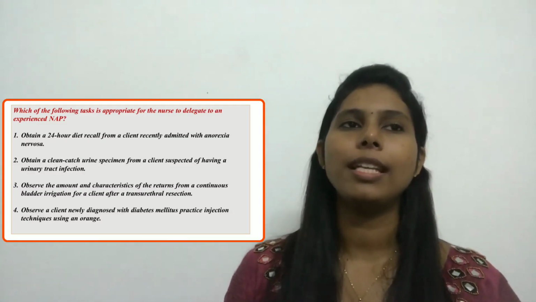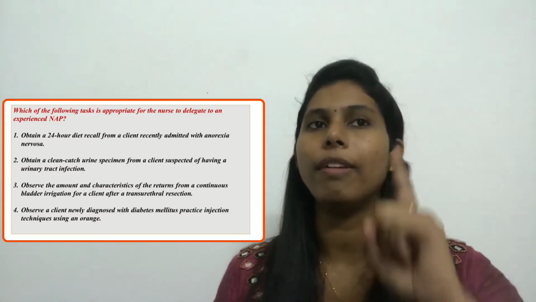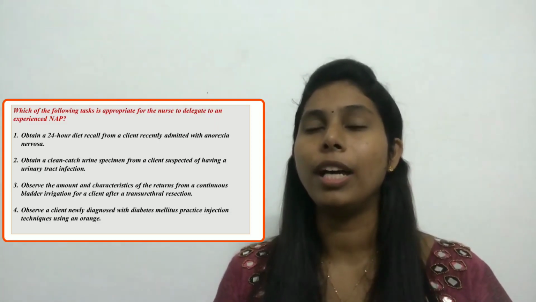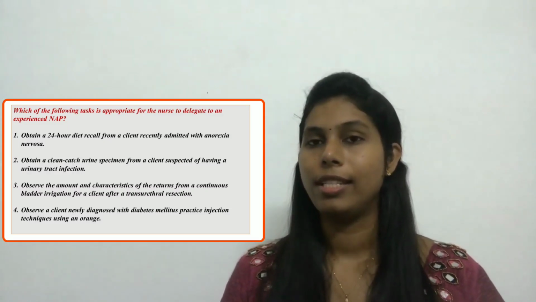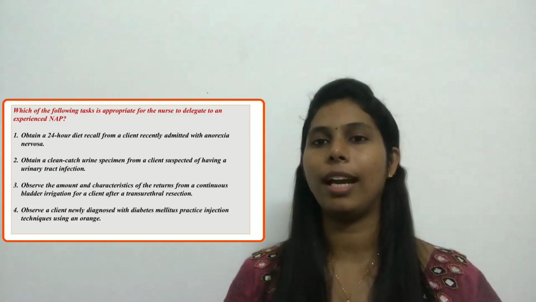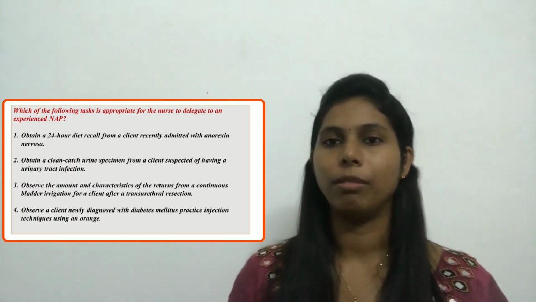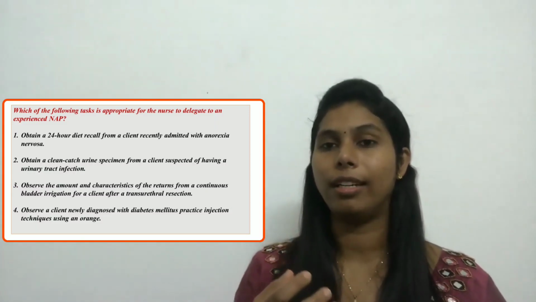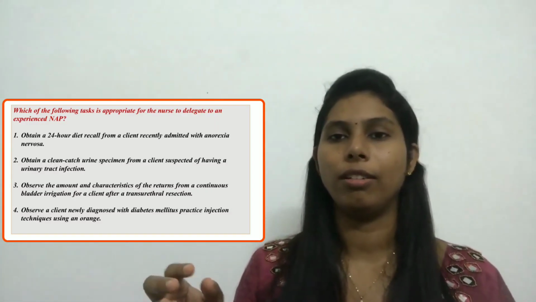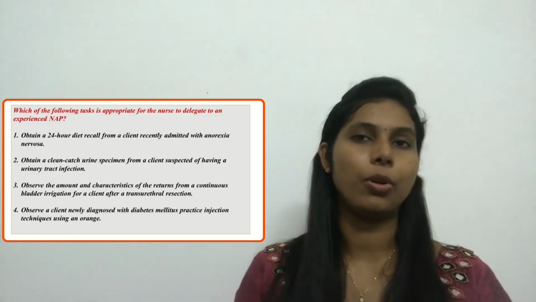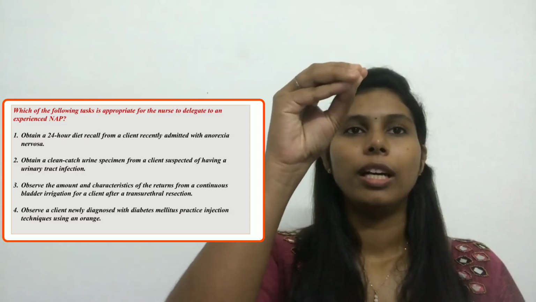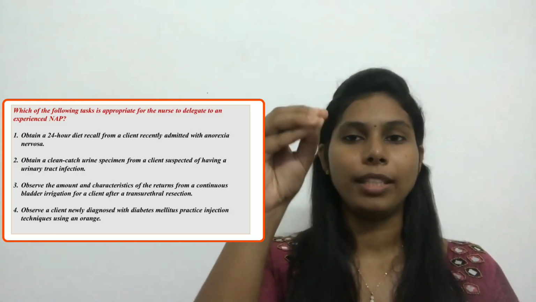In the first one, they said obtain a 24-hour diet record from a client recently admitted with anorexia nervosa. Anorexia nervosa is a condition in which the client frequently binges, and because they feel they have eaten too much food and don't want to gain weight. This comes under mental health also. In this scenario, the client is recently admitted. That is a keyword.